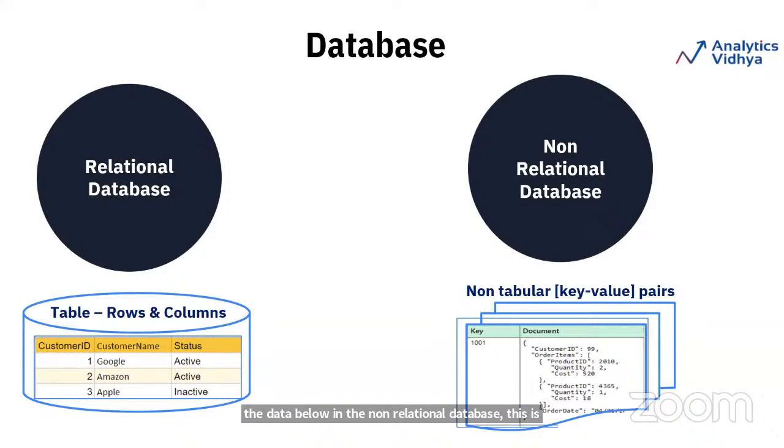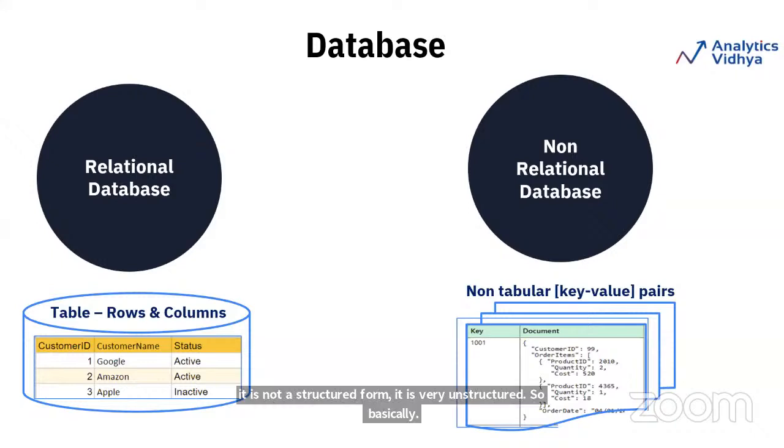So basically you have to parse the data from this and then convert it into a structured format to extract the key insights. In this form, the data is not related to each other. You have to do a lot of parsing and create those logical relationships between the data, and there is a lot of analysis that needs to be done for this kind of data.